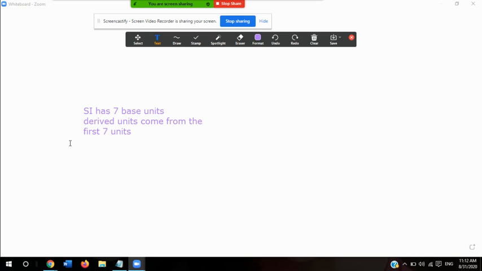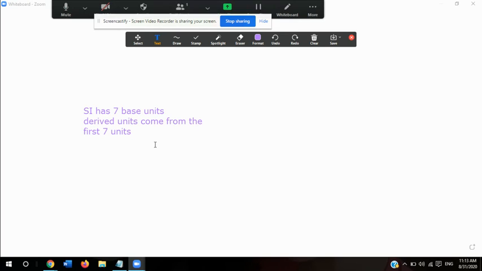Prefixes added to the names of SI base units are used to represent quantities that are larger or smaller than the base unit. So the prefix is going to tell us if the quantity is larger or smaller.